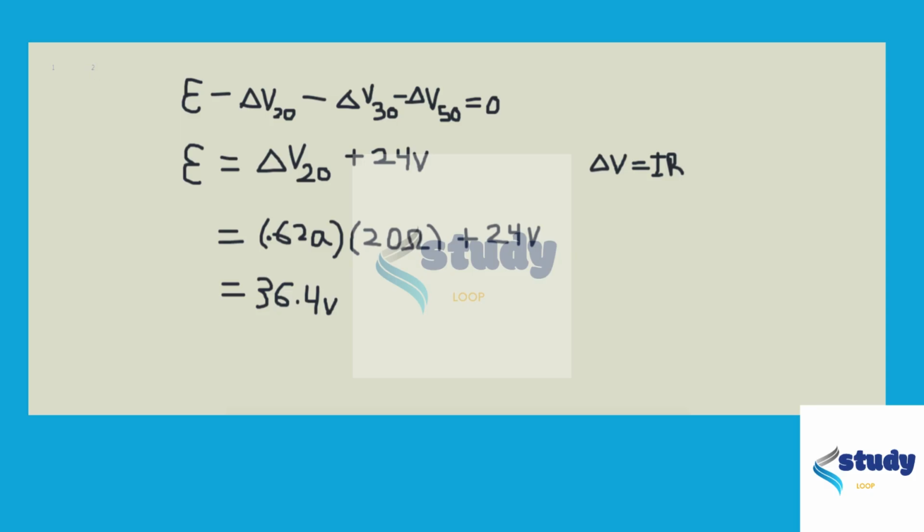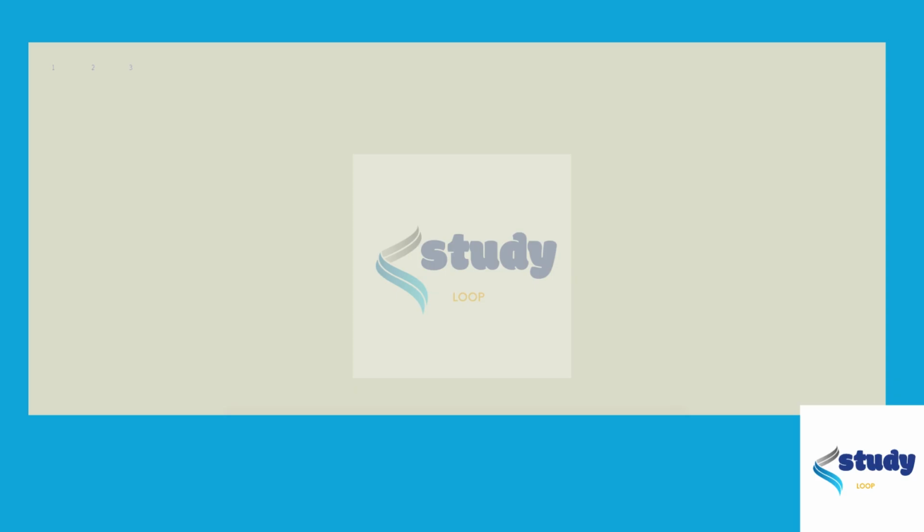Okay, now part B is another example of Kirchhoff's second law, but it's actually a lot simpler of a problem. We just have a 25 volt battery and a 50 ohm resistor. And we basically say, since we only have one loop here, this is 25 volts, 50 ohms.